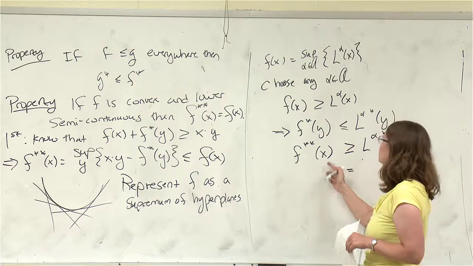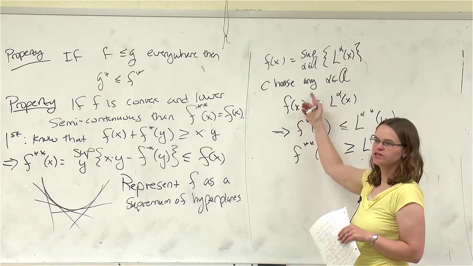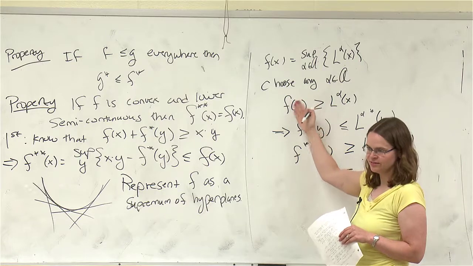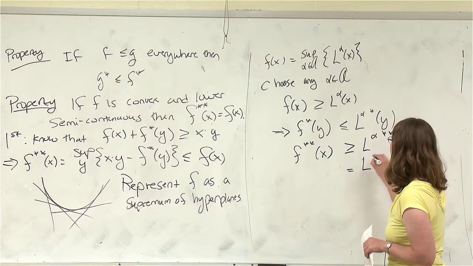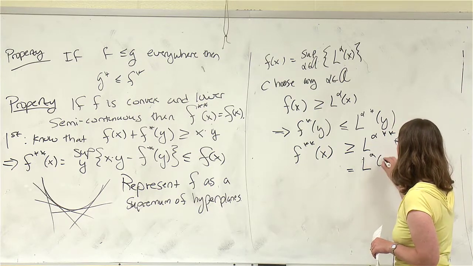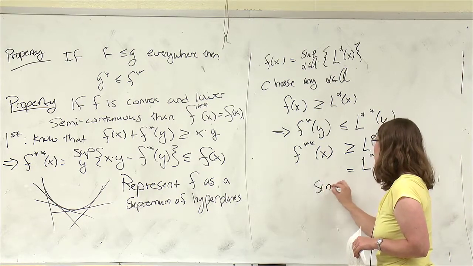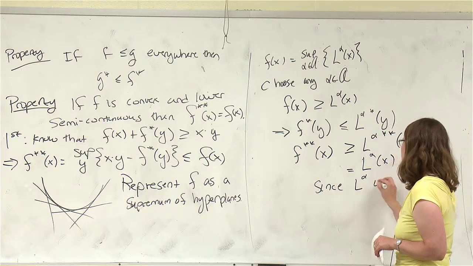For a generic function, it may or may not be easy to check that property, but for an affine function, it's not so hard. So we get right back where we started, since L alpha is affine.